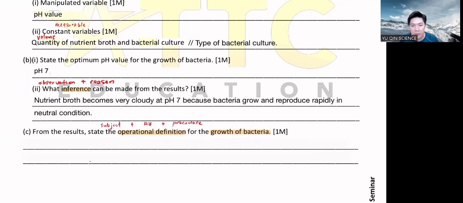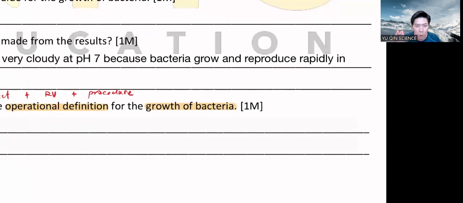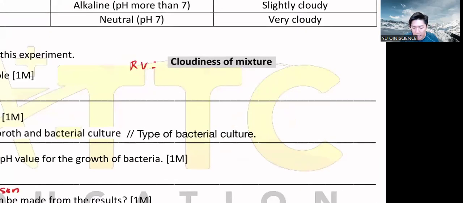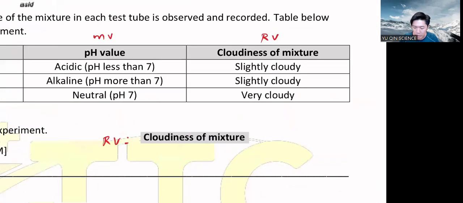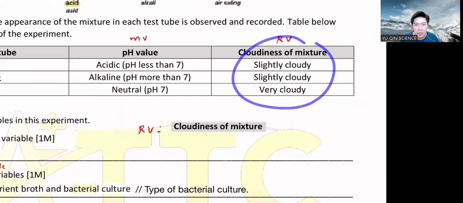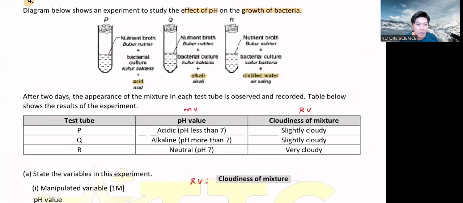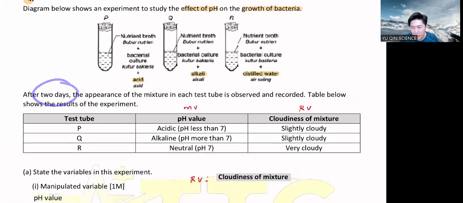But if you have done enough exercises and your English is okay, growth is a process, right? So you can say growth of bacteria is a process that, what's your responding variable, that makes the mixture very cloudy, in neutral condition after 2 days.